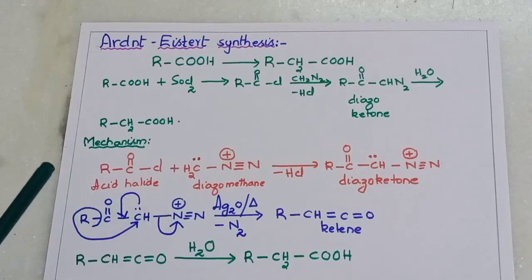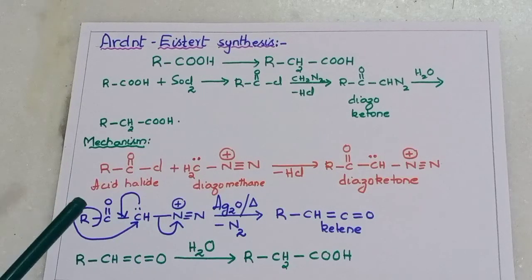Okay, students. This is what the Arndt-Eistert synthesis tells us, that a carboxylic acid can be converted into its next higher homologue. That means we can increase the length of the carboxylic acid chain by one carbon. The main reaction is RCOOH plus thionyl chloride, which is converted into acid halide.